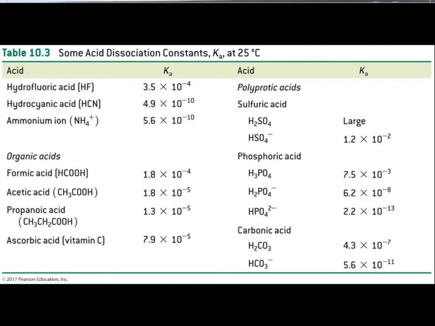So you'll notice that each proton has its own Ka value, and it becomes successively more difficult to remove a proton on a polyprotic acid. So it'll always give up the first hydrogen more readily than it gives up the second, and more readily for the second than it does for the third.